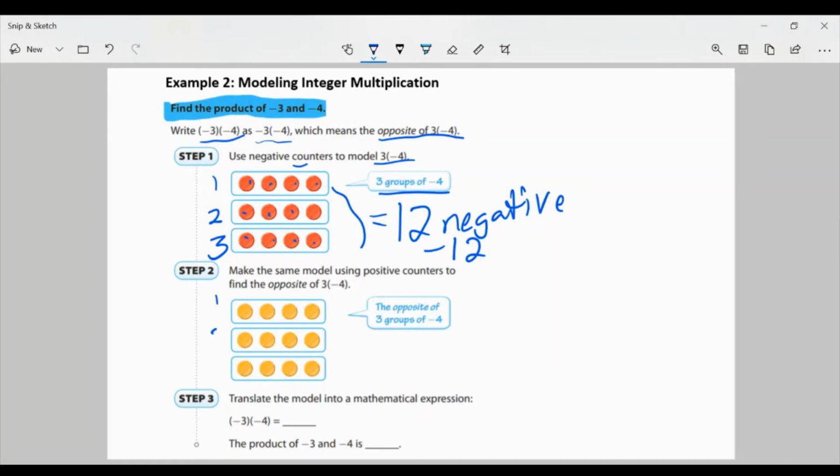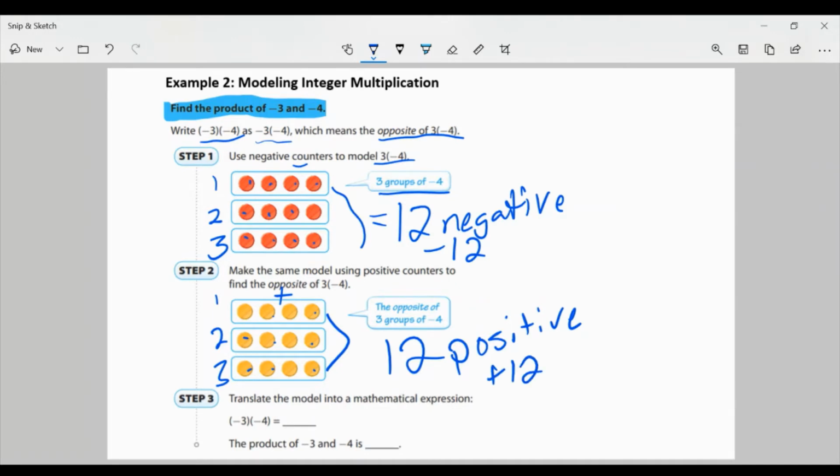So 1, 2, 3 groups. They're all positive. And it's 1, 2, 3, 4, 5, 6, 7, 8, 9, 10, 11, 12. So we have 12 positive counters this time, which is just positive 12.